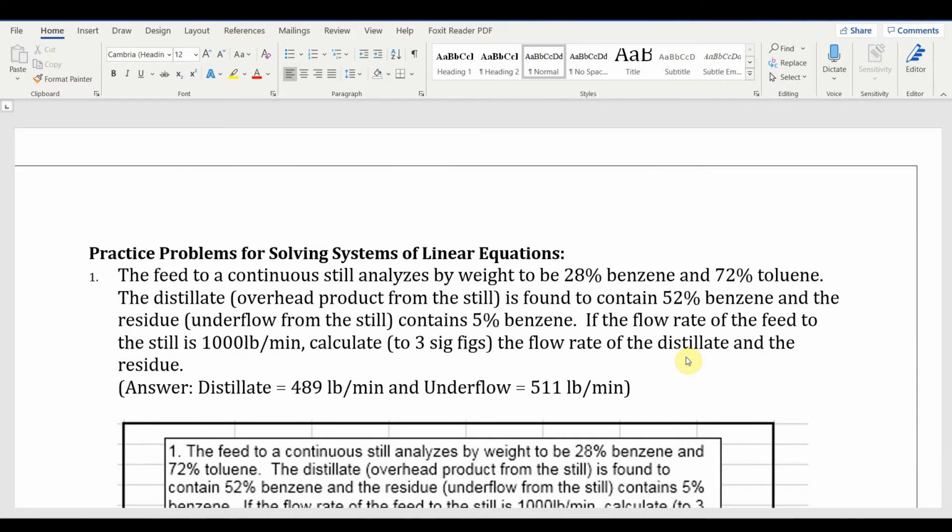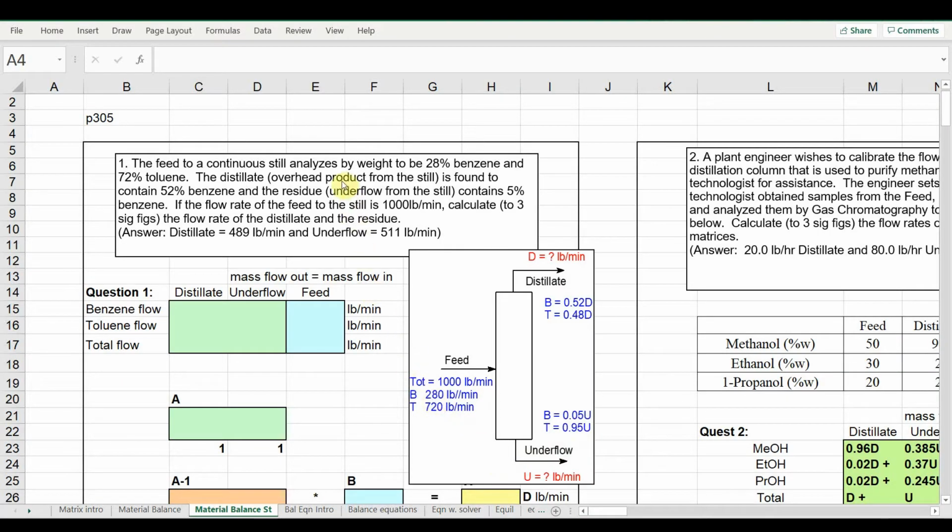So the first thing to do with the problem is to draw a diagram that illustrates the mass flow coming in and going out of the system. Let's go to the spreadsheet and take a look at that. This Excel file is called Matrix, and the worksheet is called Material Balance.